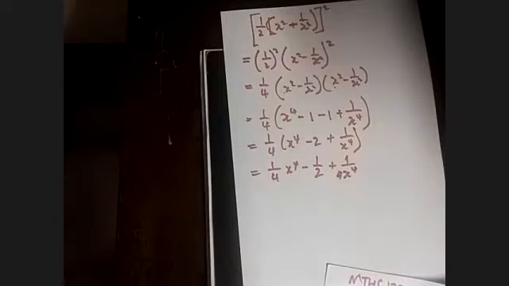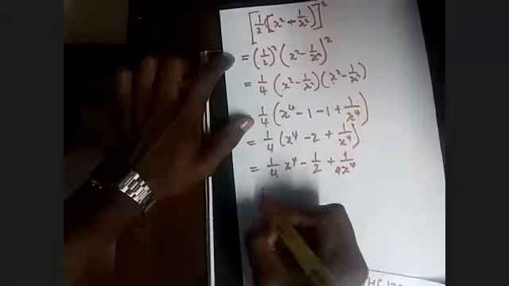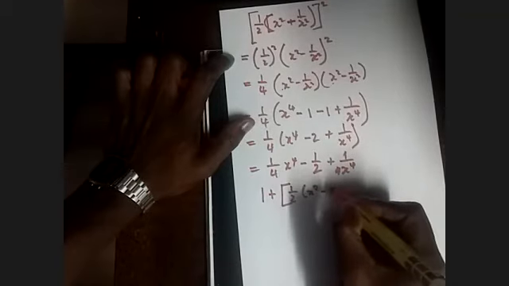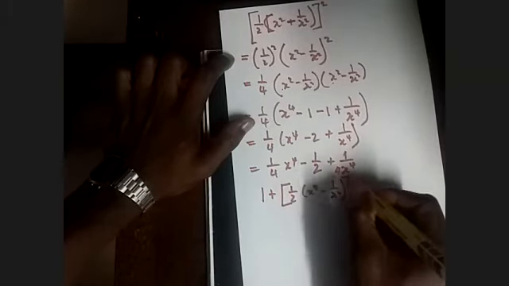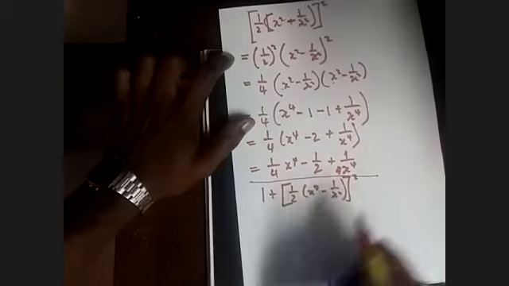But what I would like us to do is, because we had 1 plus the whole thing under the square root, x squared minus 1 over x squared, squared, I want us to introduce the 1 in this equation that we have just copied.